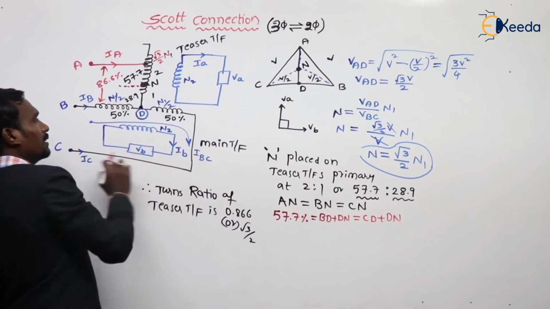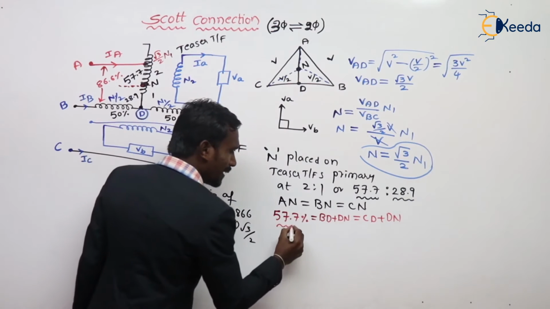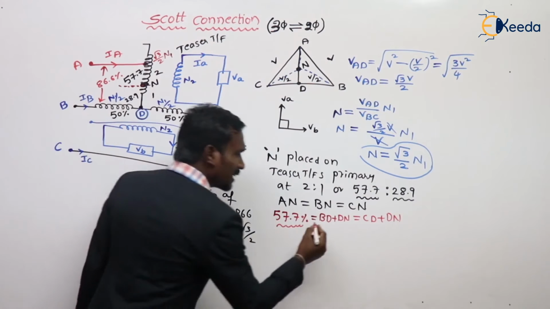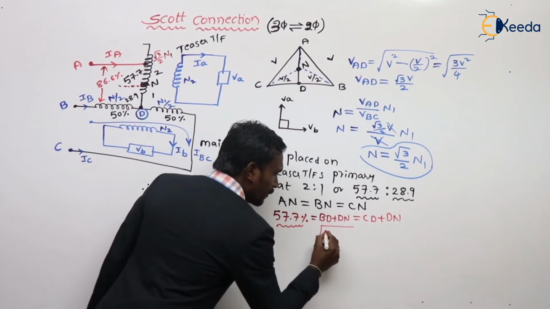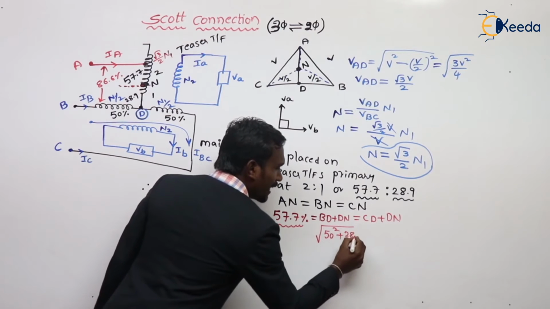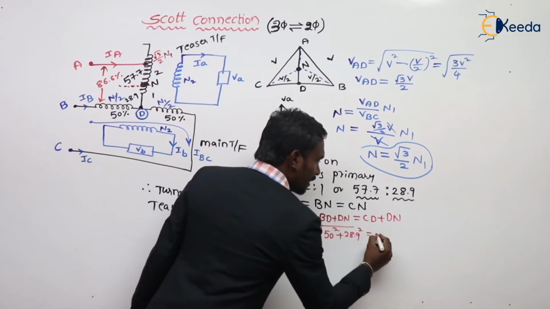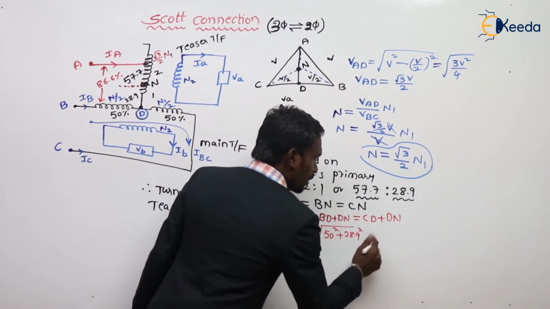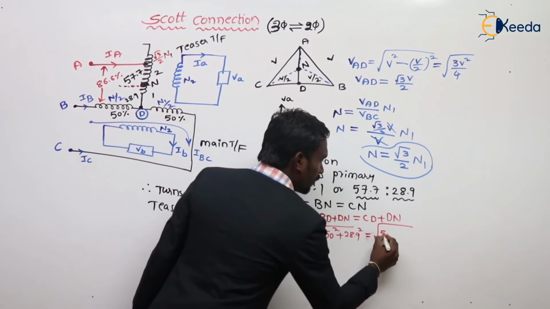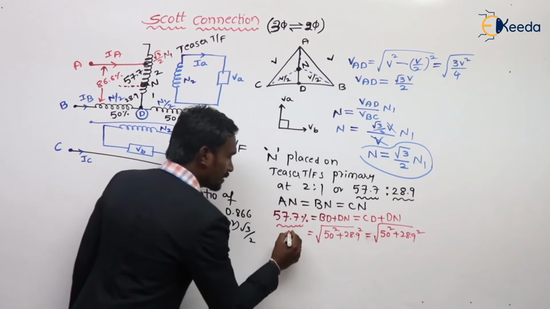CN is nothing but CD plus DN. Of course, this is 57.7%, okay, but BN, let's take it. BD is 50% and DN is 28.9%. Again here, CD is 50% and DN is 28.9%.